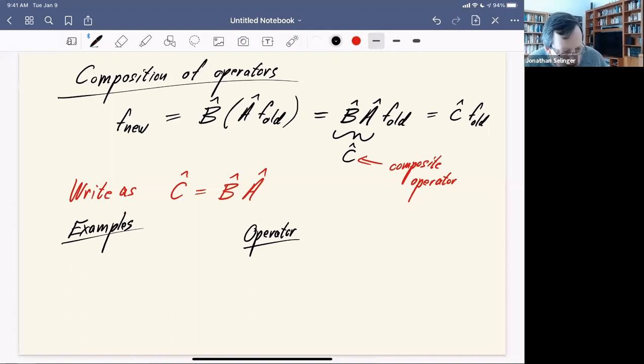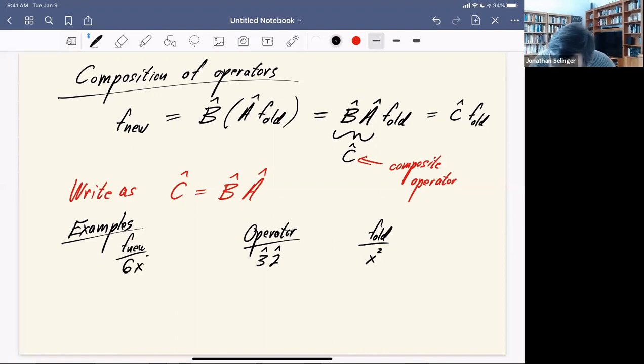Here, f old and f new. If the operator is 3 hat 2 hat, and f old is x squared, then I take my x squared, multiply it by 2, then multiply it by 3.